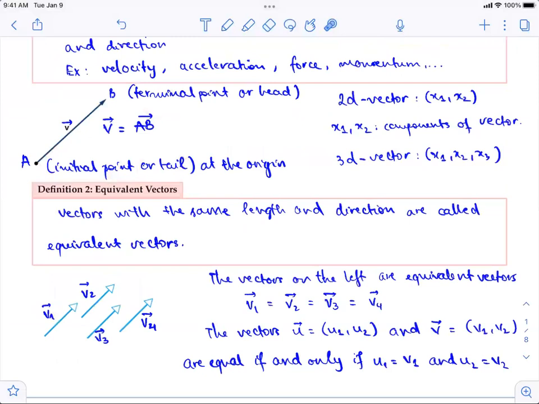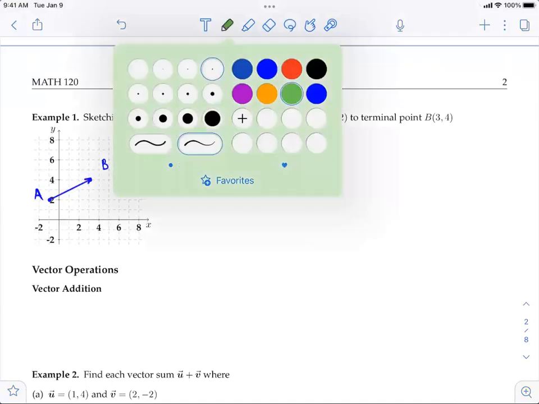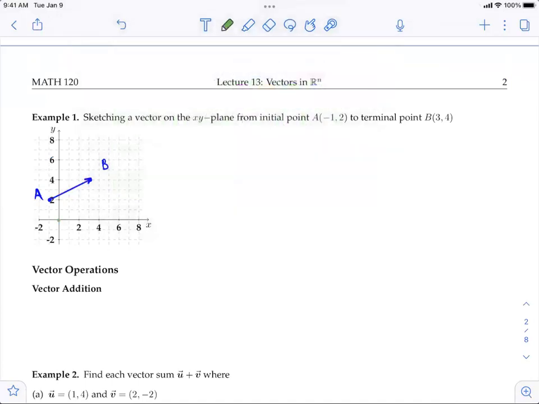Again, by convention, when you talk about initial point and terminal point, usually when you talk about a vector, the initial point is at the origin. Here, clearly, the initial point is not at the origin, but you can actually do translations to move this initial point back to the origin. And when you do that, you need to move the entire vector back to the origin. Right, so move it here, and this is the terminal point.